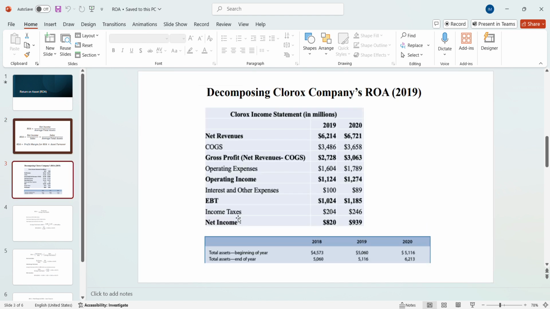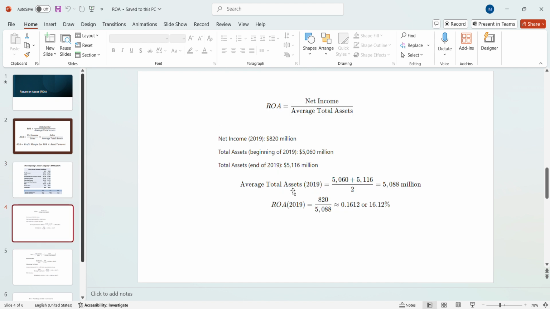Here for 2019 we have net income $820, so we plug this value here. Now we need to calculate average total asset. For average we need beginning and ending total asset.